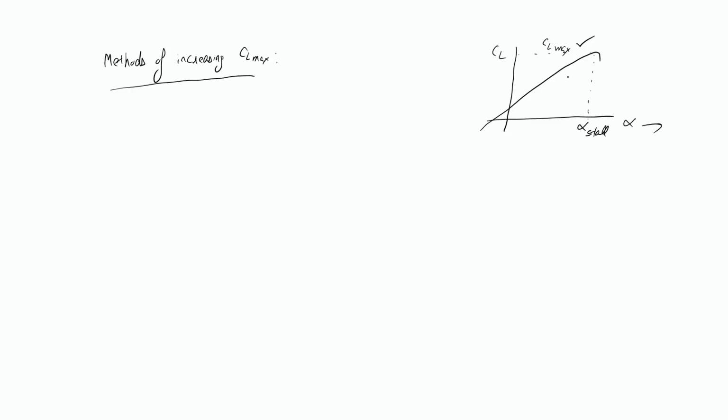If you see this expression, CL equals 2W by rho s V square, so I can write V equals square root of 2W by rho s CL.